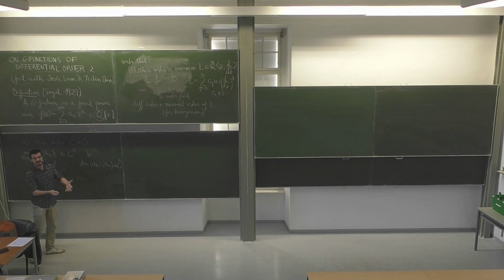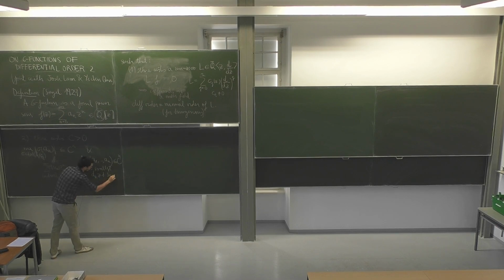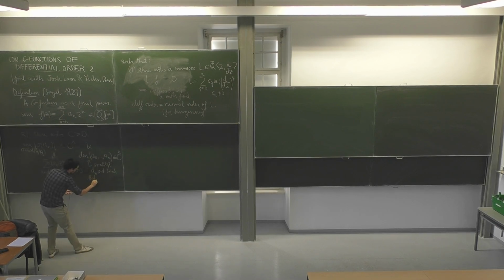It means there exists an integer such that if you multiply by this integer, you get an algebraic integer, and it's the smallest one. So this is the smallest d_n, an integer such that d_n a_0 up to d_n a_n are algebraic integers.